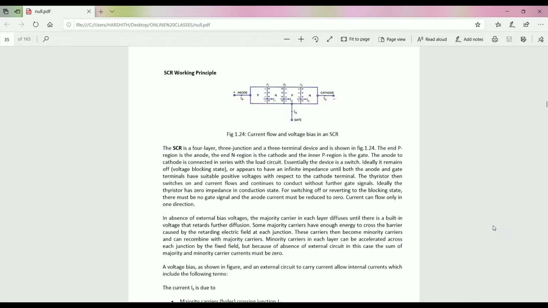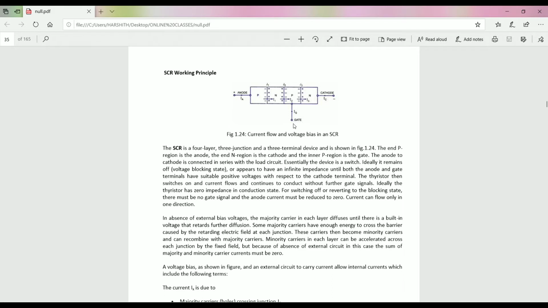The operation of the SCR is divided into 2 categories. First, when the gate is open. Consider that the anode is positive with respect to cathode and the gate is open.